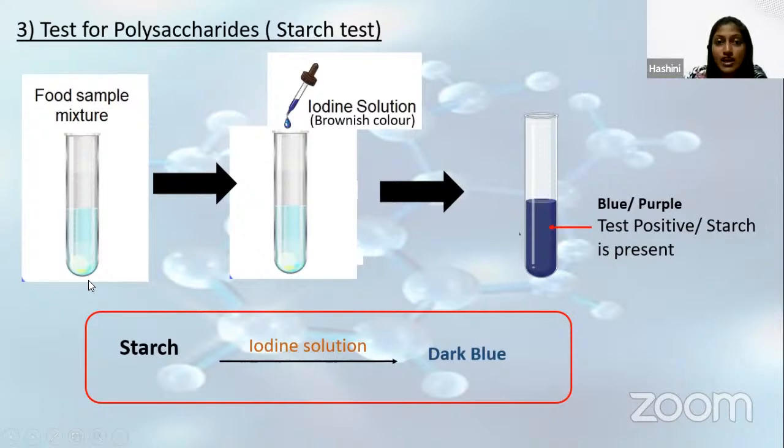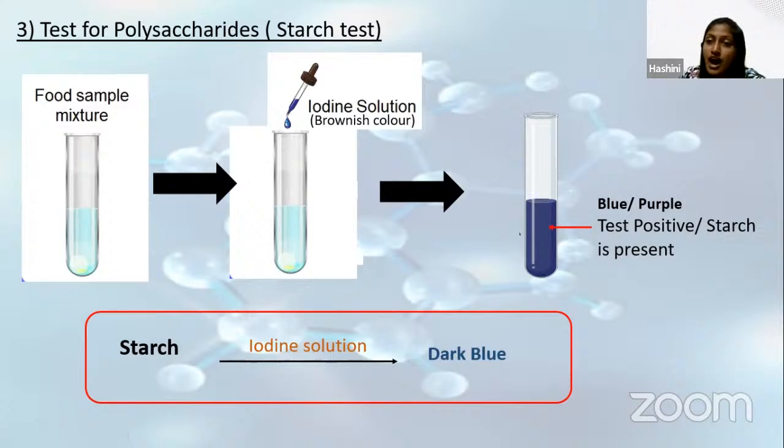So then to identify the starch, we can get the iodine reagent. What is the color of the iodine solution? It is brown, okay? Here it actually represents blue, but it is actually brown color. So when we add this iodine to this food sample-containing solution, what is the ultimate color change?